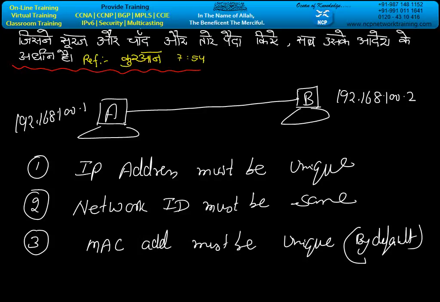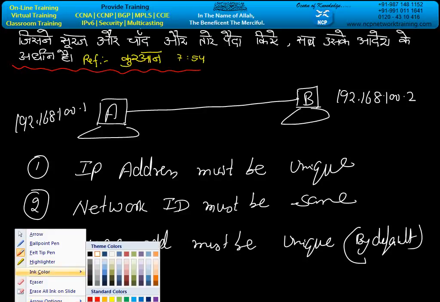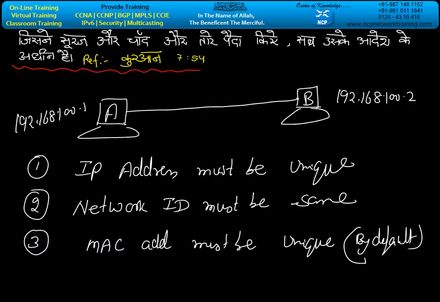They may also be connected via switch between them, because today we are not using the hub or bridge. If we have connected 2 devices directly, we require 3 components.